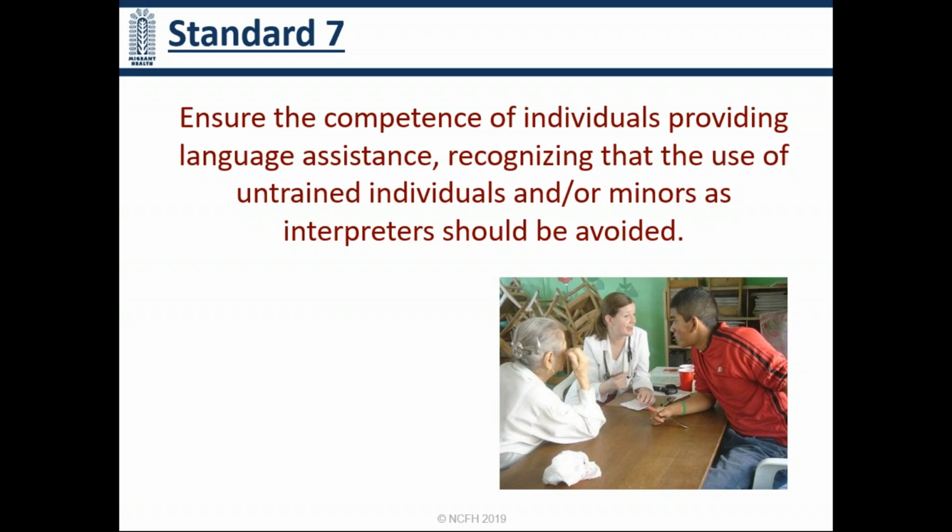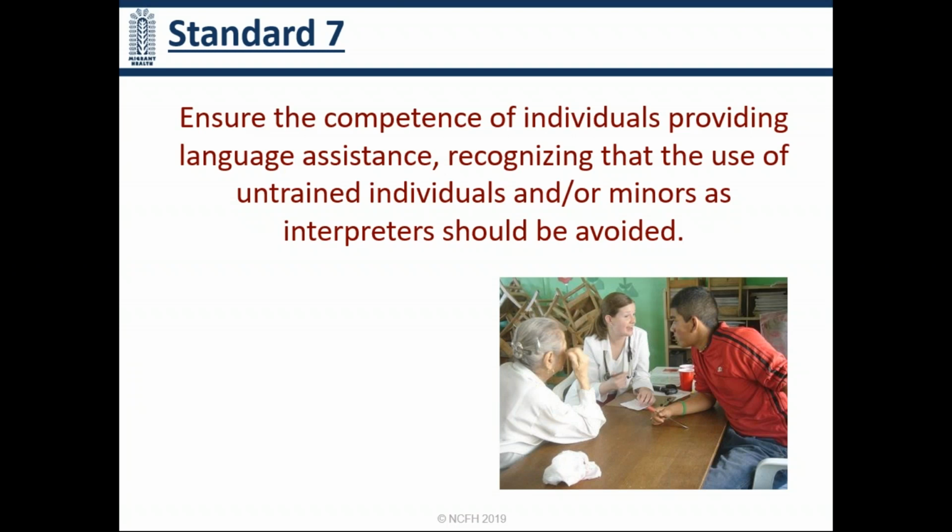And we talked about the tool that's available to you to be able to assess the competency of those individuals, your staff that is providing interpretation. You want to make sure that you do that with everybody that provides services or translation services, to make sure that they are able to provide in the right terminology and things like that.